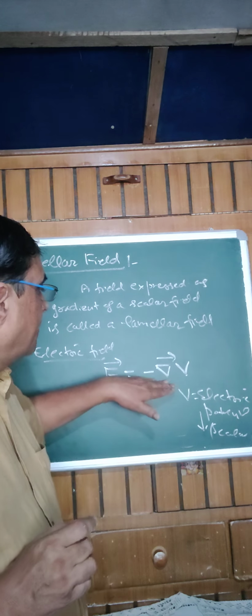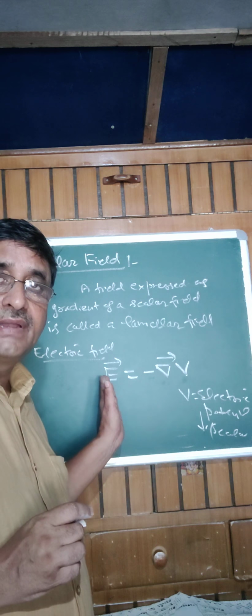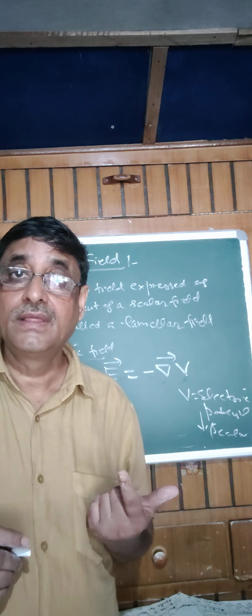V is the electric potential, and the electric potential is a scalar quantity. Taking the gradient of electric potential gives you the electric field, and the electric field is a vector quantity.